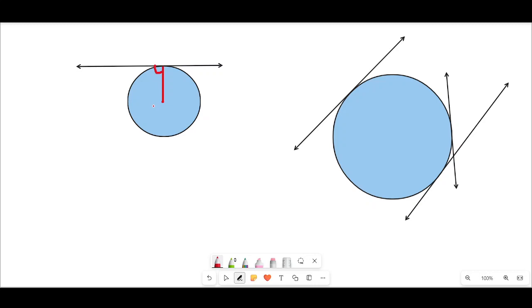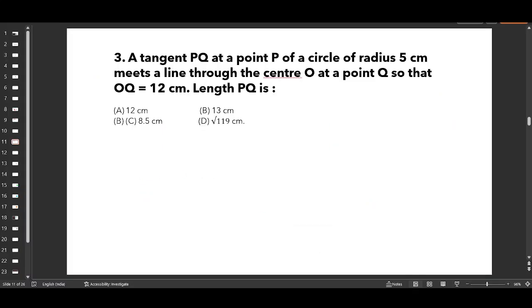Clear? And we make a right angle triangle here according to the question. The tangent PQ at a point P on a circle of radius 5 cm. Radius is given, OQ is given. Clear? Then find the length PQ.